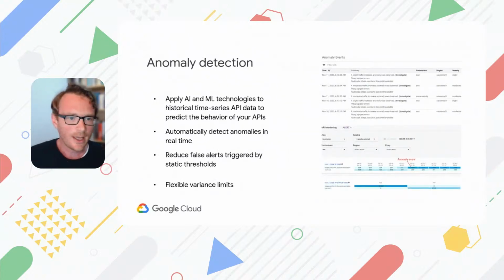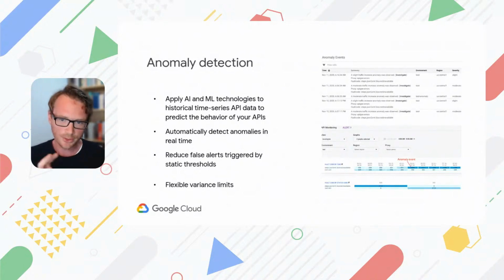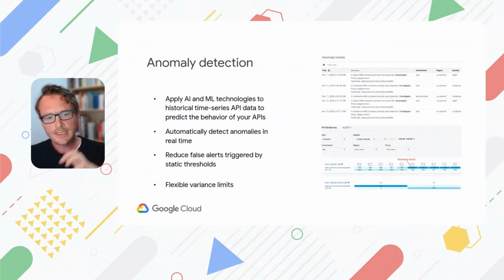Also a new release, part of a package we call Advanced API Monitoring and Security, is called Anomaly Detection, where we apply AI and ML technologies to the historical time series API data. So of all the consumption data, or you can also define a subset of that data to use for the modeling purposes. And then to detect and alert automatically any anomalies that are starting to pop up in that data.